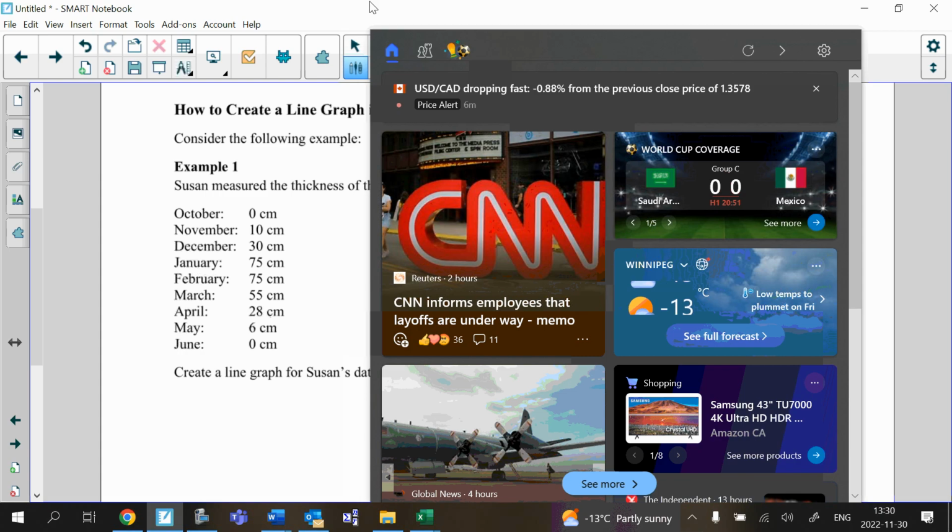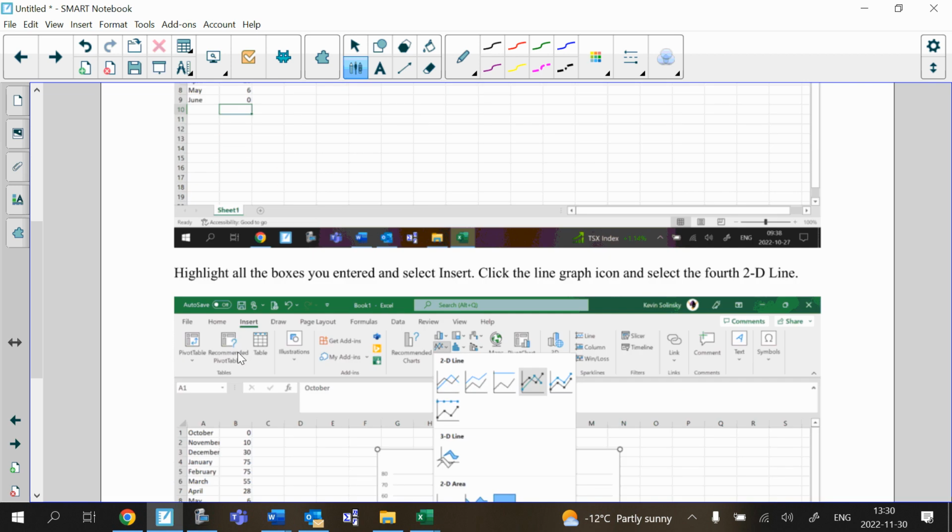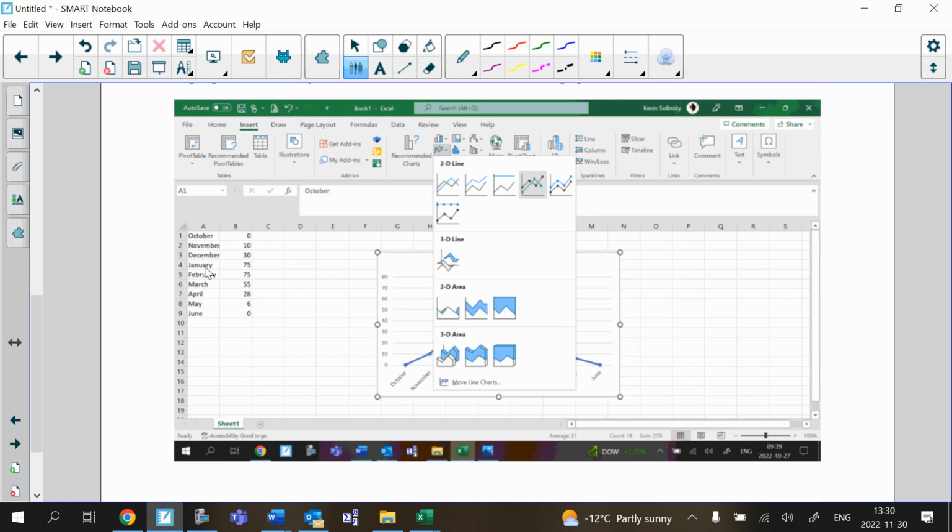So highlight all your data, go to insert, go to the graph pictures, go to the one just below the bar graph that has two line graphs, okay? And then choose this one, the fourth one, the ones that have dots on them and that cross each other. That'll get you the line graph you want.